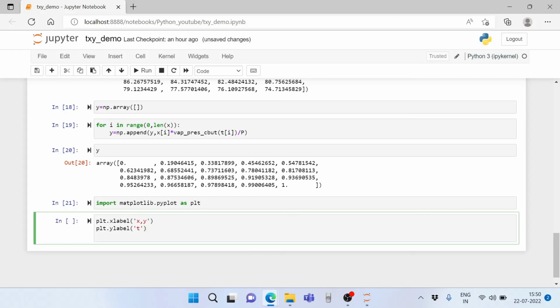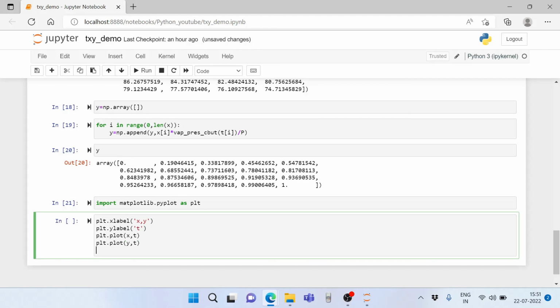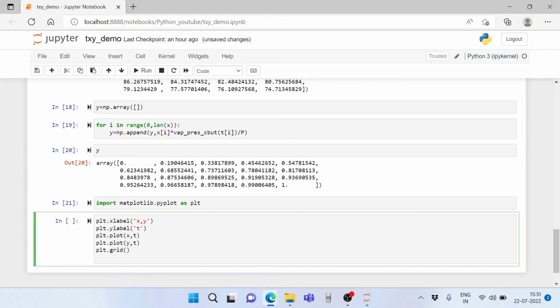And then afterwards, now we put the plot. So the first plot is going to be X, T. And the next plot is going to be Y, T. And after that, we plot the grid and we plot the legend.